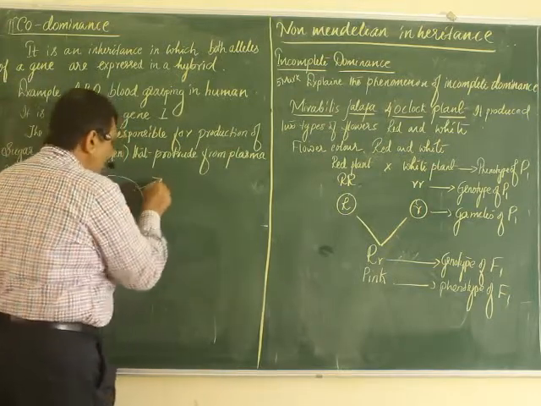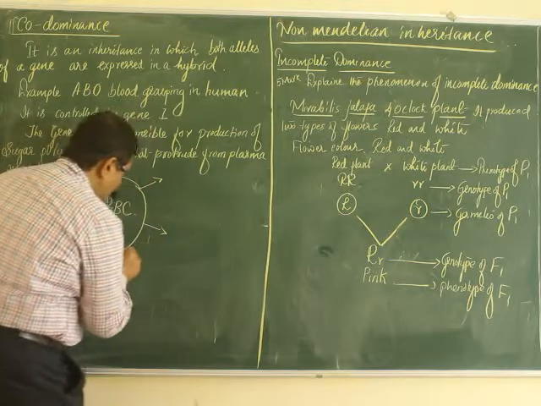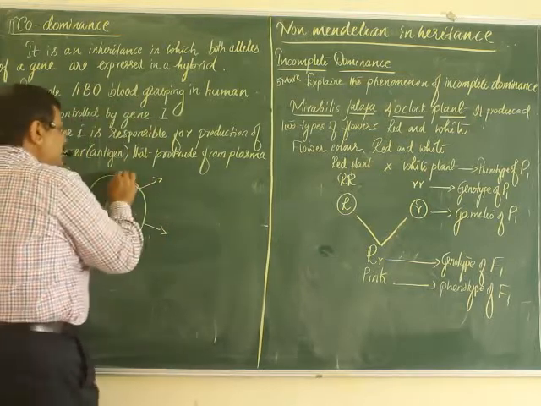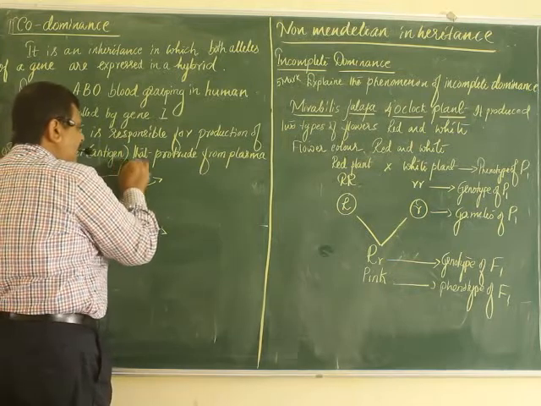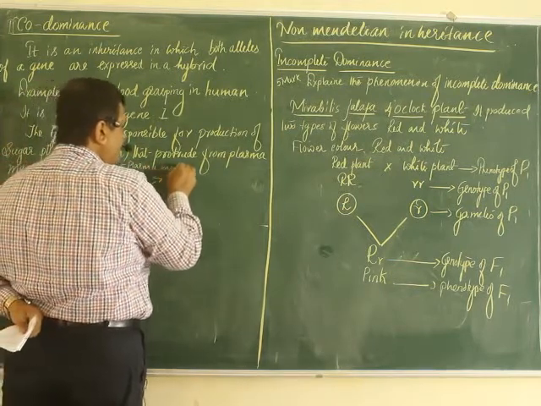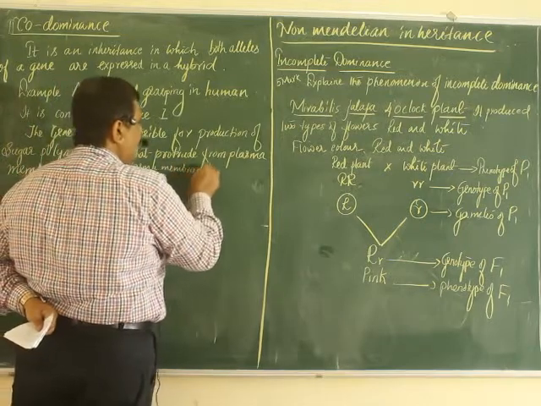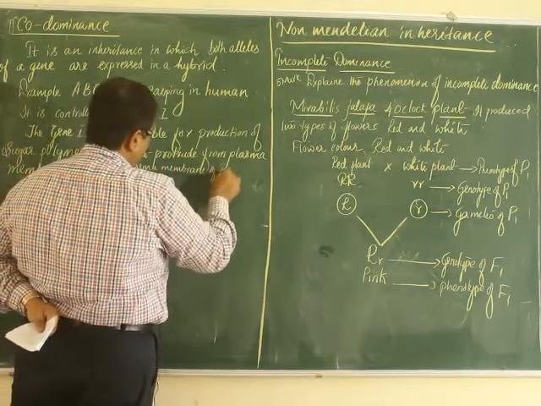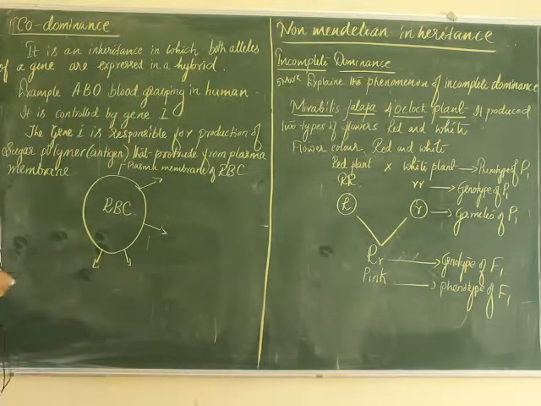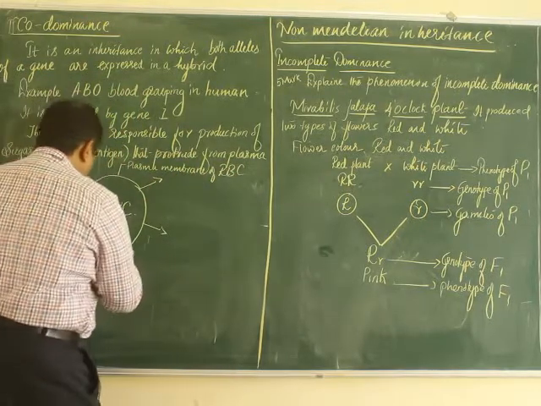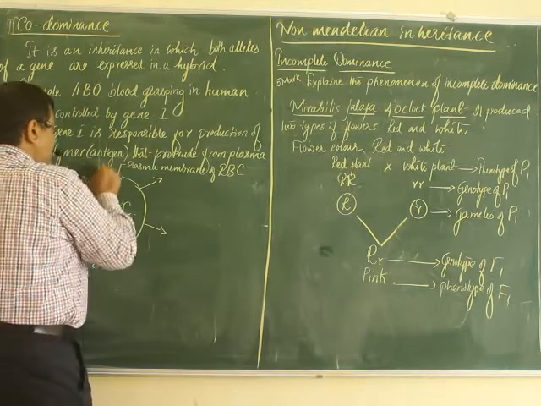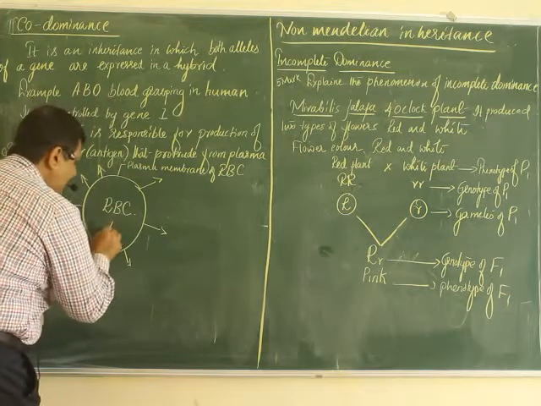This is one sugar polymer, and this is the plasma membrane of the RBC. And this sugar polymer is the A blood group.